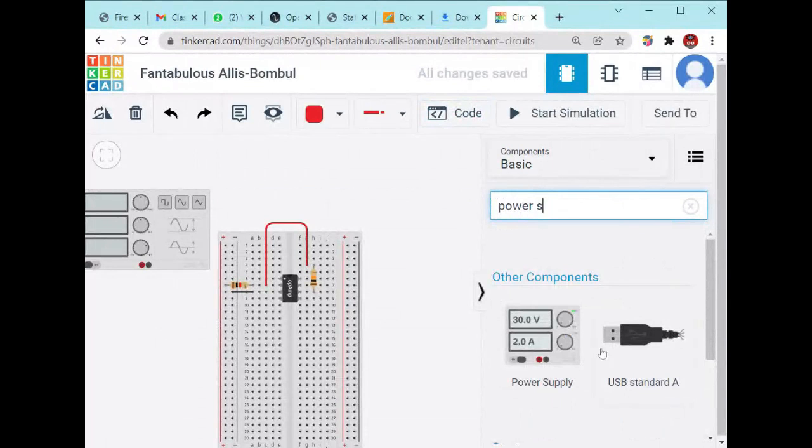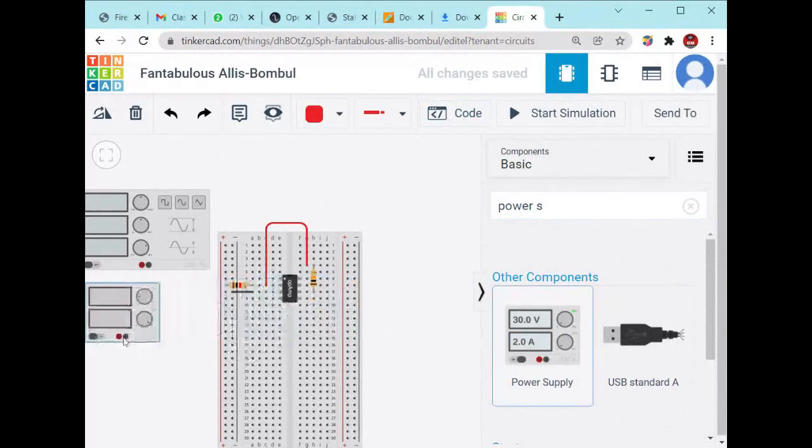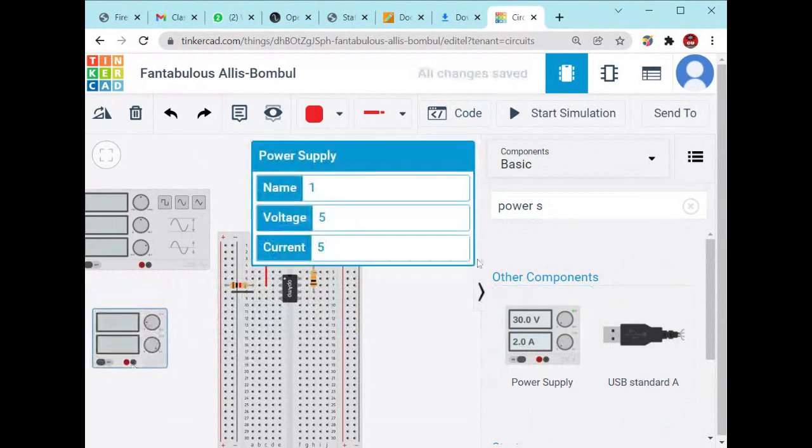Here you will find the power supply. Select this power supply. You have to use two power supplies, one for positive and the second one for negative. So select two power supplies.